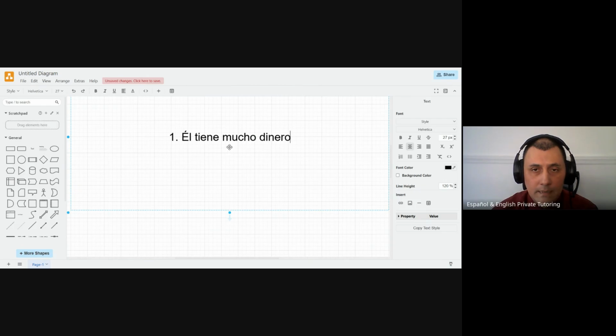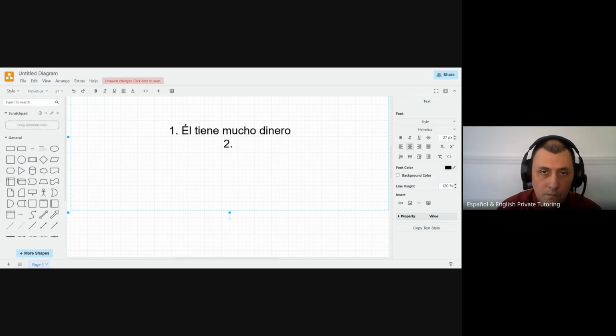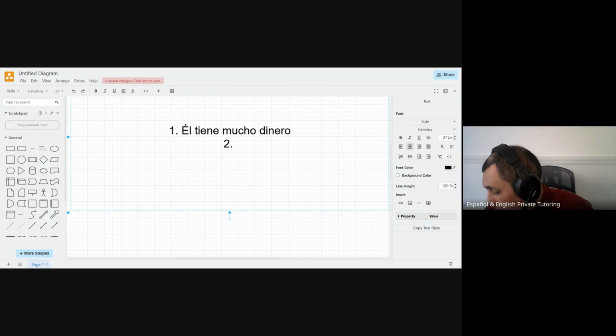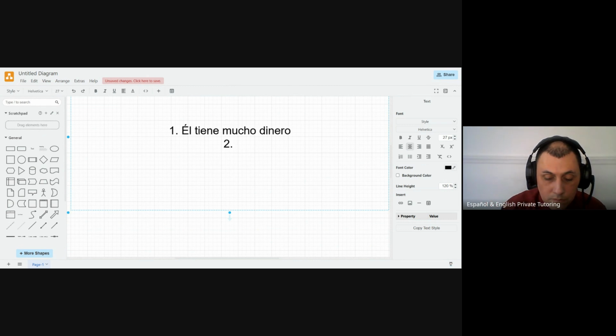This means he has a lot of money. But instead of saying he has a lot of money, you can say he has a lot. It's not a complete sentence, but we can use it that way too. Or maybe that is a lot. That's a better example. Eso, eso.